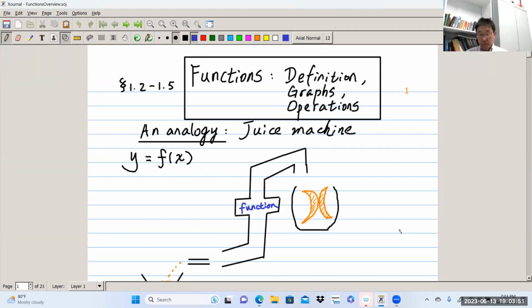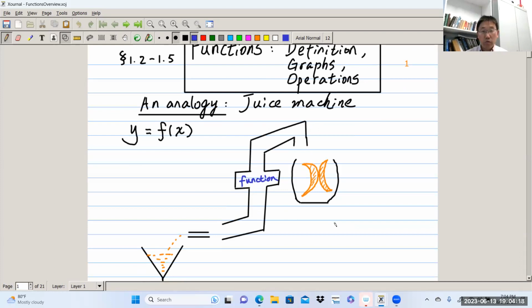We are in the summer, and obviously we sometimes enjoy some cold juice in the summer. So I want to make an analogy between a juice machine and a mathematical function.